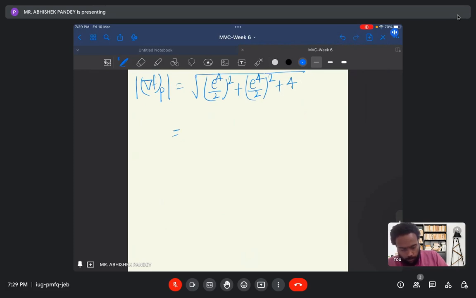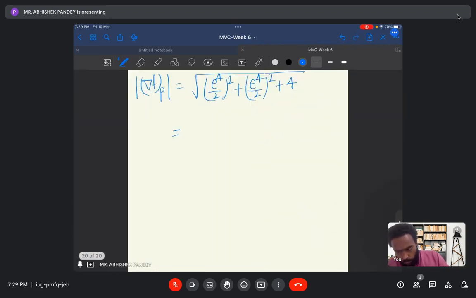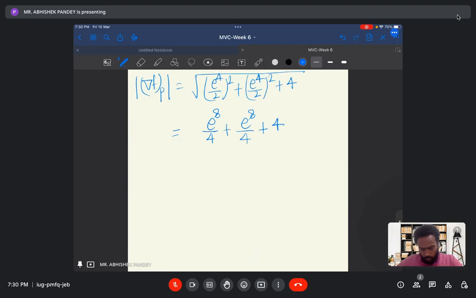Okay, so this is nothing but, so this is 8 by 4 plus e to the power 8 by 4 plus 4. Okay, I hope this is correct.